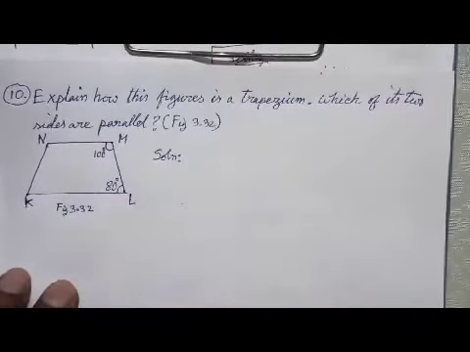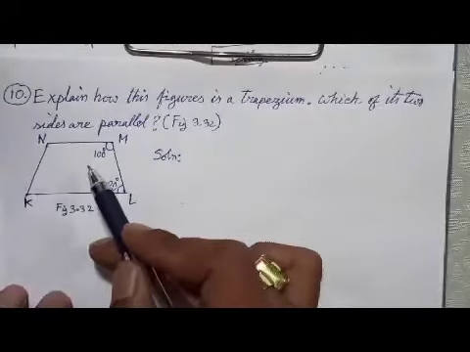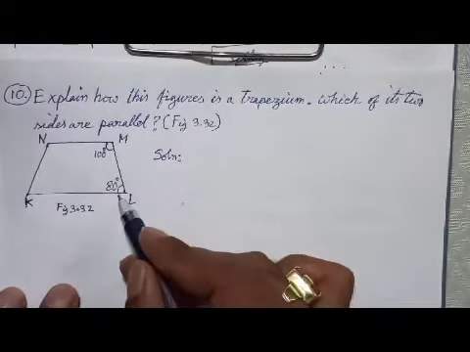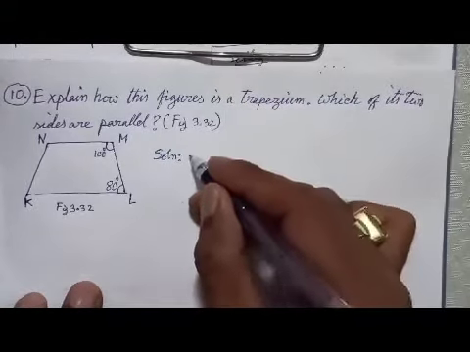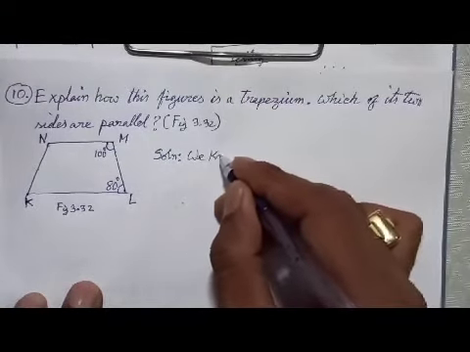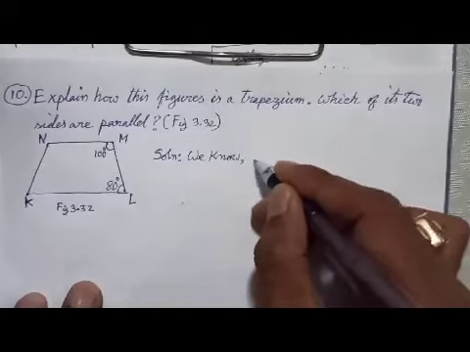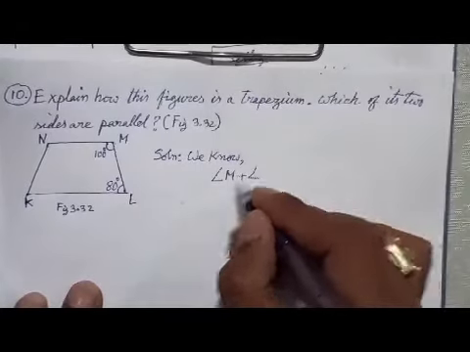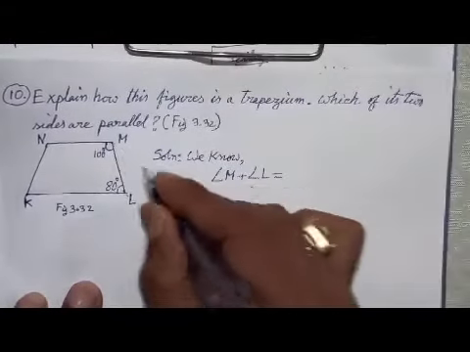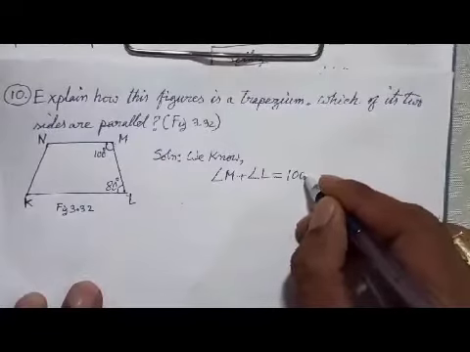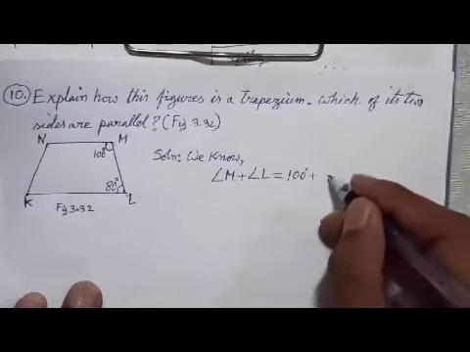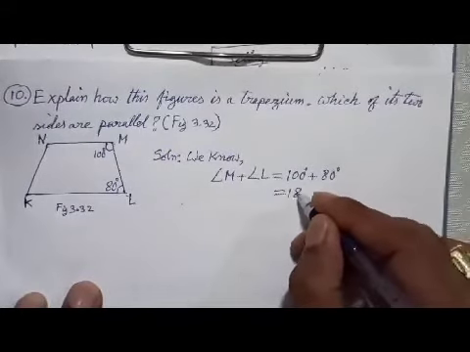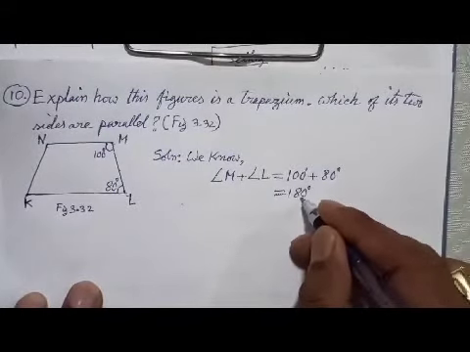Now the solution. In this figure, we see that angle M is given as 100 degrees and the other angle is given as 80 degrees. We know angle M plus angle L: angle M is 100 degrees plus angle L is 80 degrees. If we add them together, we get 180 degrees, and that is called supplementary angles.